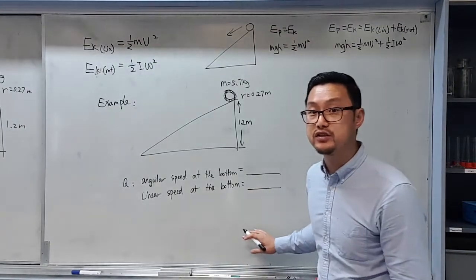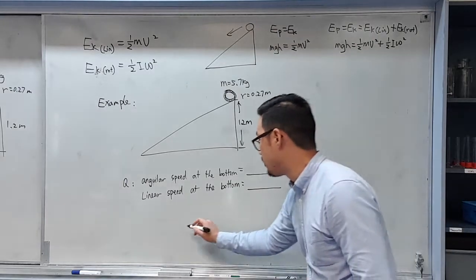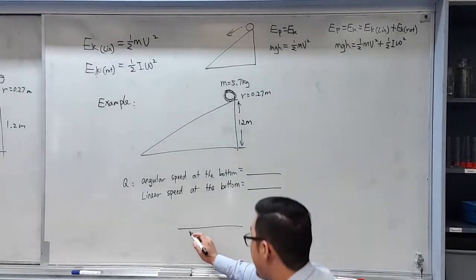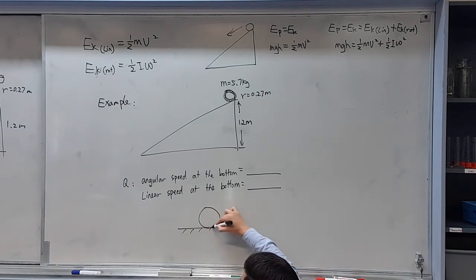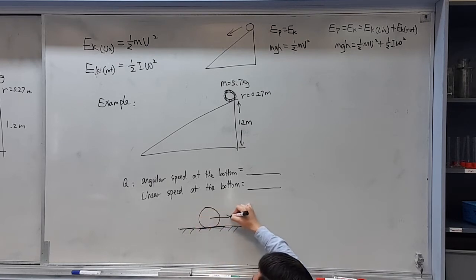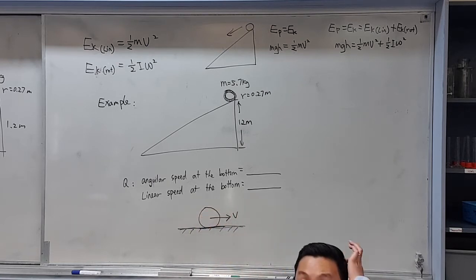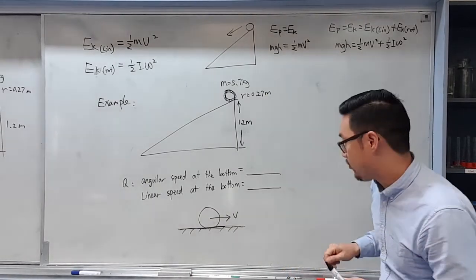Before we do this question, let's have a look at a rolling situation. Say this ball is rolling on the ground with a speed v going forward.